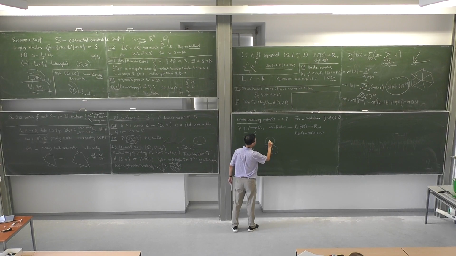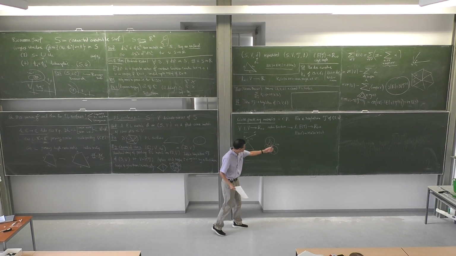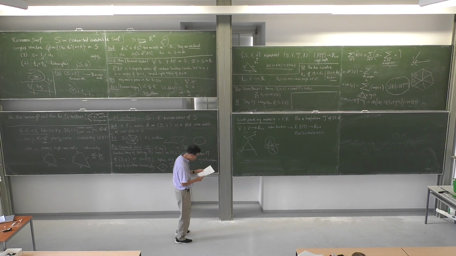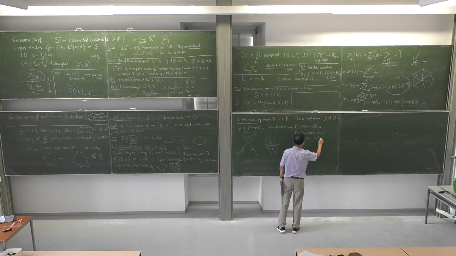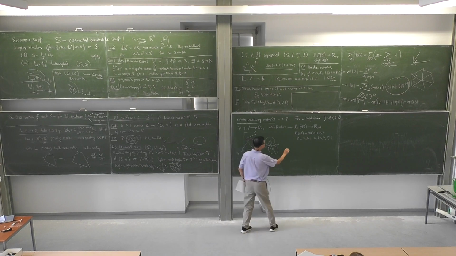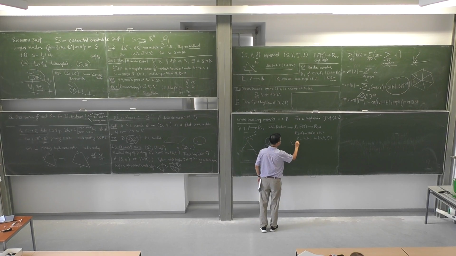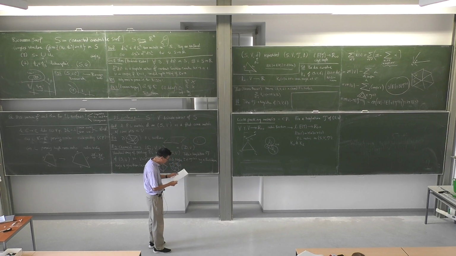So this is R1, R2, R3, and then the length is R1 plus R3. So the triangle inequality is automatic, and you also see the circle patterns. There is a circle around each vertex, and that's the name, circle packing. So from this we produce a PL metric on the surface, and that's the circle packing metric. For simplicity, I'm going to use the curvature of the circle packing metric, which depends on the length, and now depends only on R. Okay, so these are the circle packing metrics.